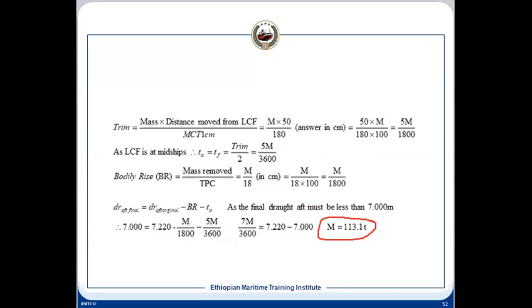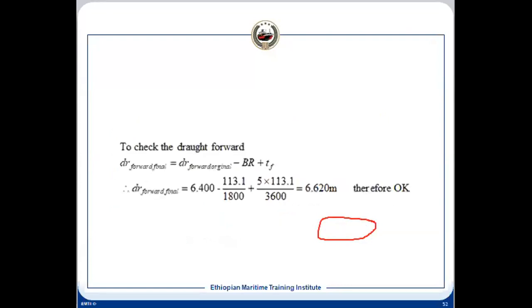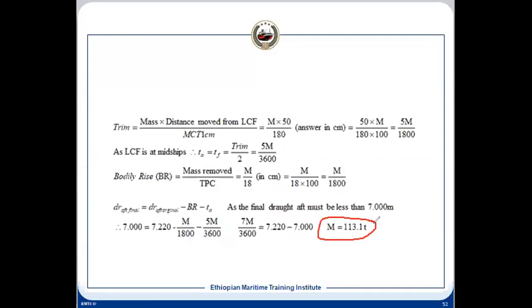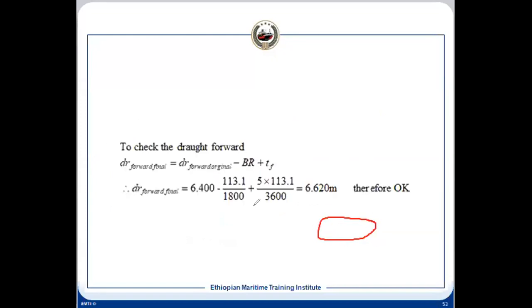And after that, in this kind of problem, we cannot stop here. We have got a value. We have taken 7 meter aft, but we don't know how much the forward draft increased. That we need to calculate. That's why we need to see that the forward draft is less than 7 meter.